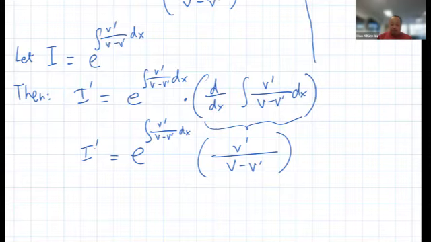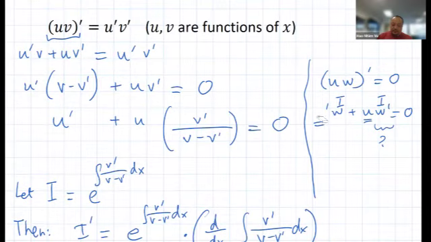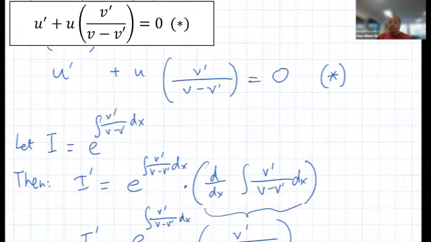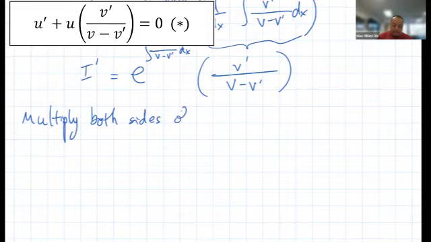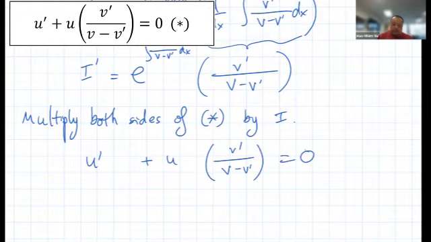Okay, so I'll hold on to this. I'll go back to this equation. Let me erase the part over here. I'll call this equation star. I'm going to multiply both sides of star by I. Star was u prime plus u times that equals 0. I multiply both sides by I. I have u prime times I plus u times I times that, right?